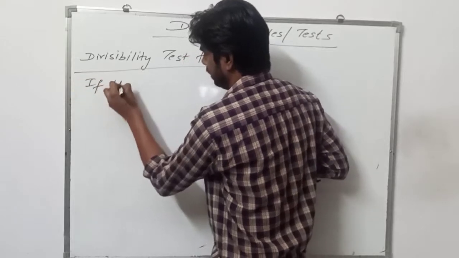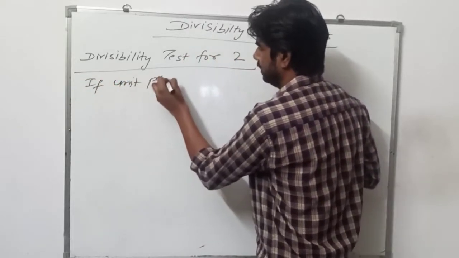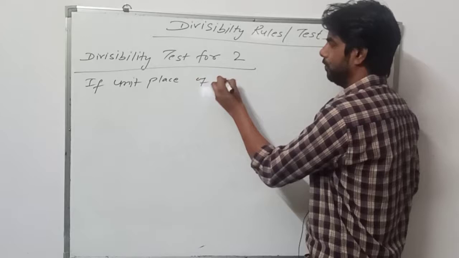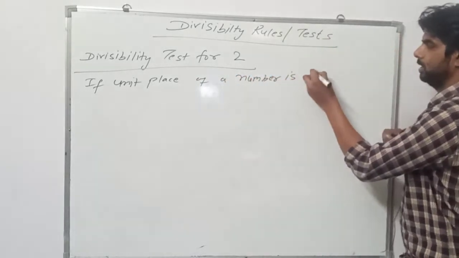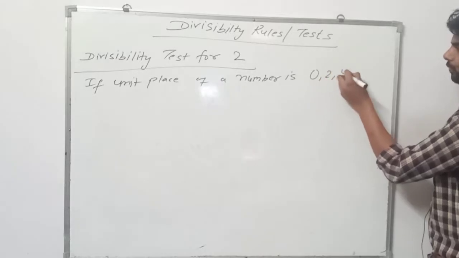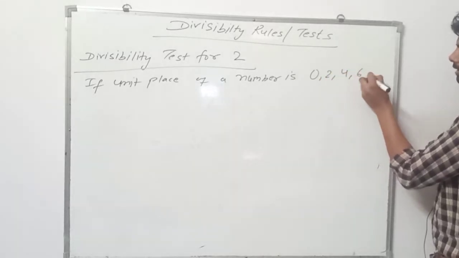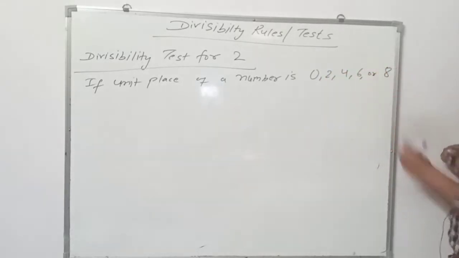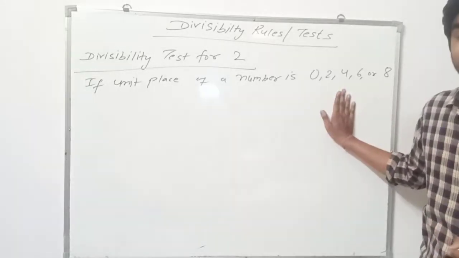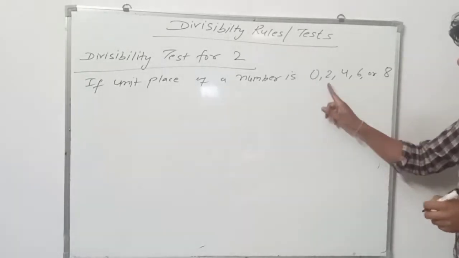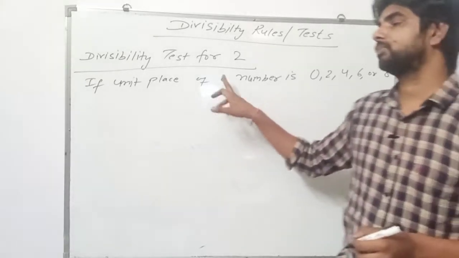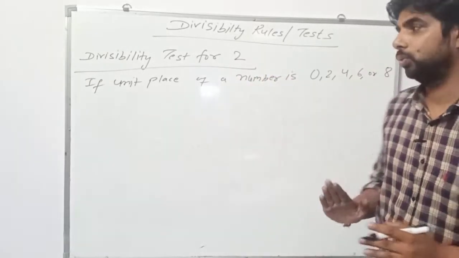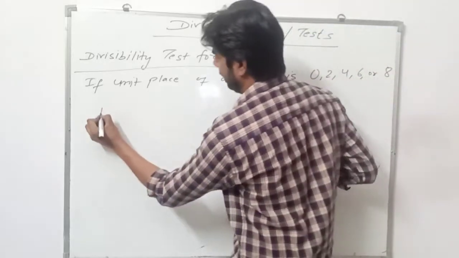If the unit place of a number is 0, 2, 4, 6 or 8, then that number is fully divisible by 2. Let's take some examples.